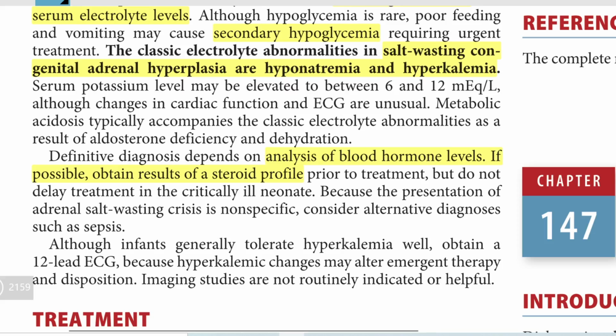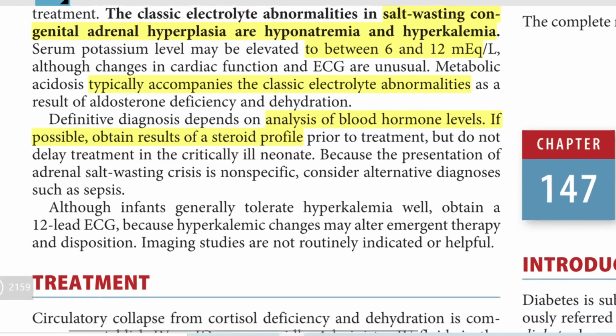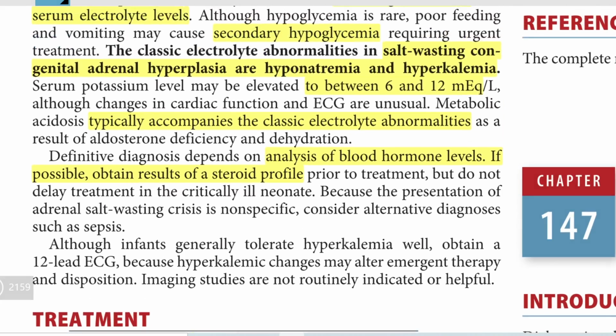Serum potassium level may be elevated to between 6 and 12. Although changes in cardiac function and ECG are unusual, metabolic acidosis typically accompanies these classic electrolyte abnormalities as a result of aldosterone deficiency and dehydration. So metabolic acidosis will be seen, serum potassium level will be elevated, and there will be hyponatremia.